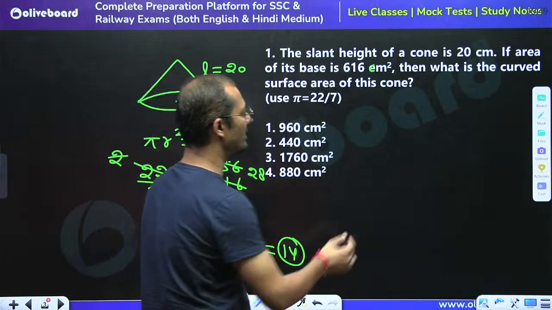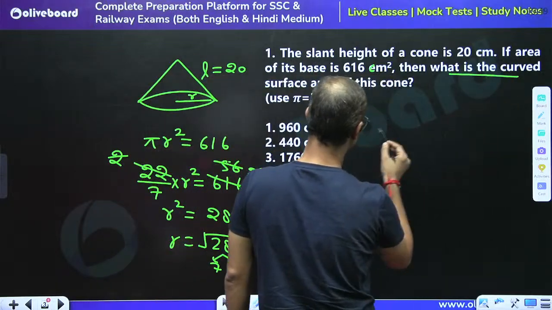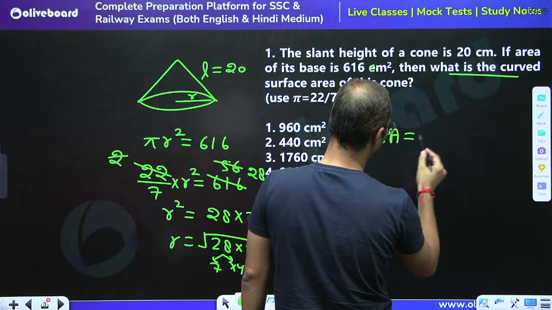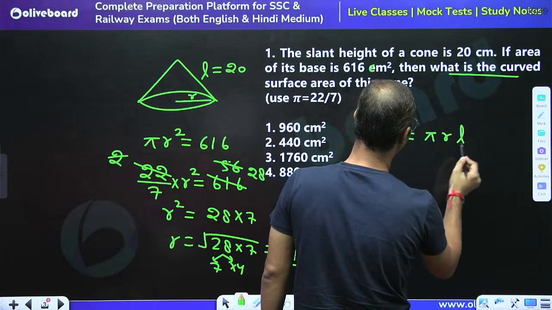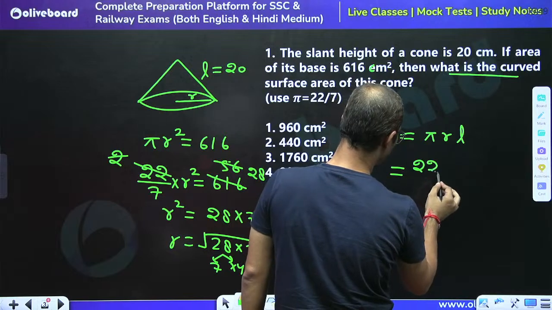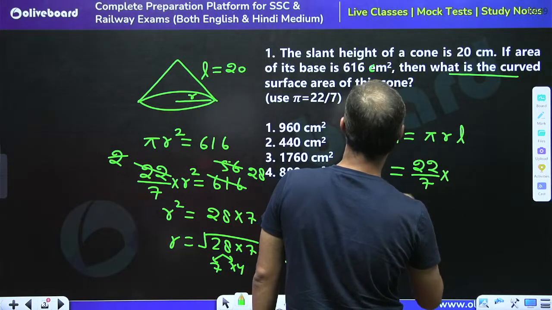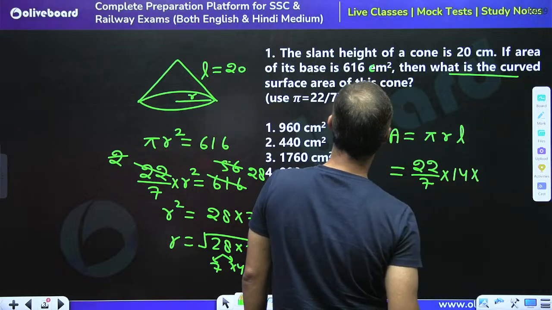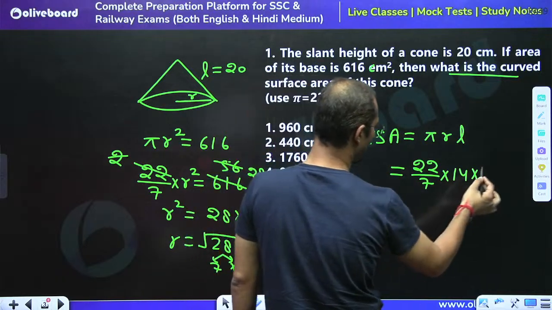We have to calculate the curved surface area, and we know that the curved surface area of the cone is pi r l. It means 22 by 7 into r, what is r? r is 14, and l, what is l? l is 20, right?